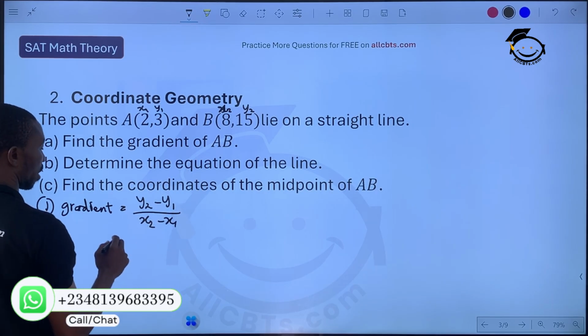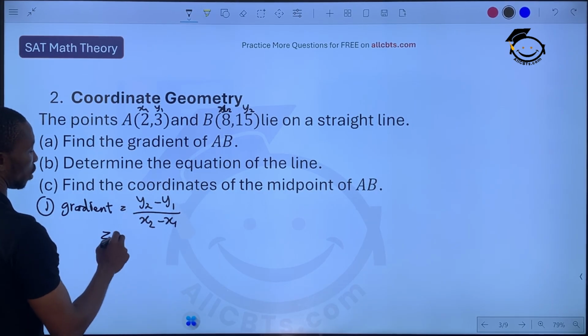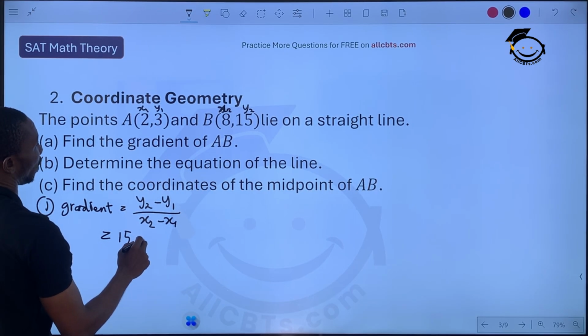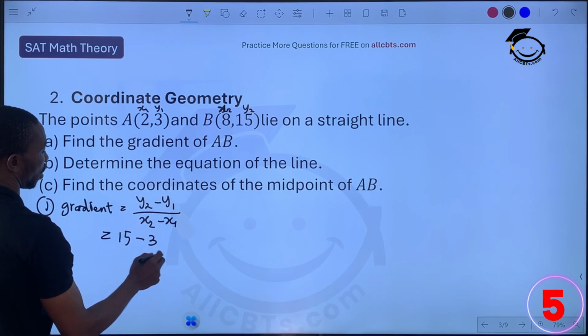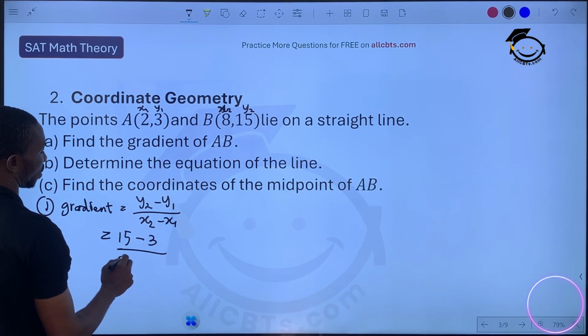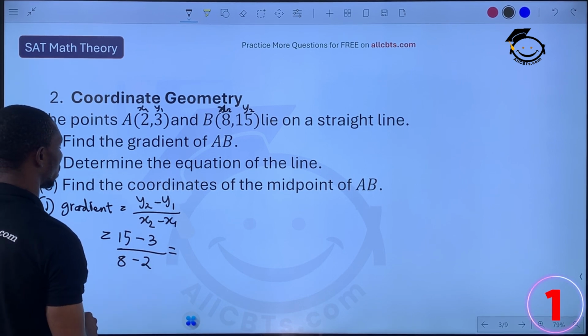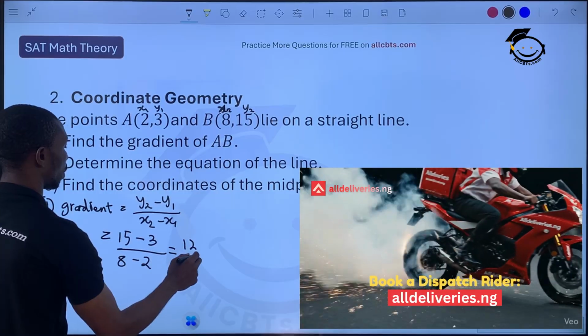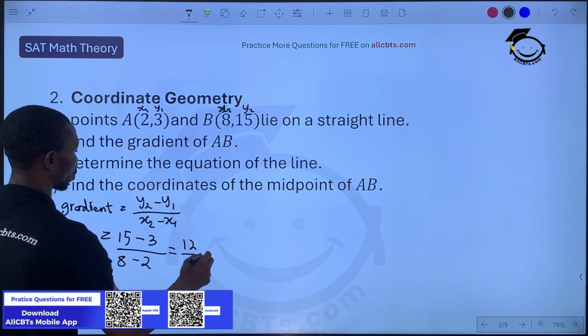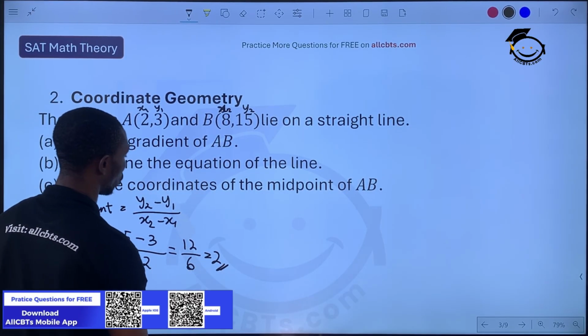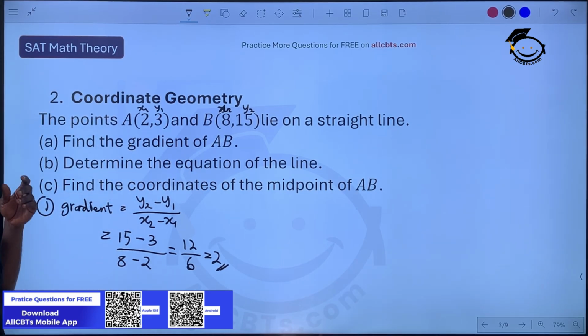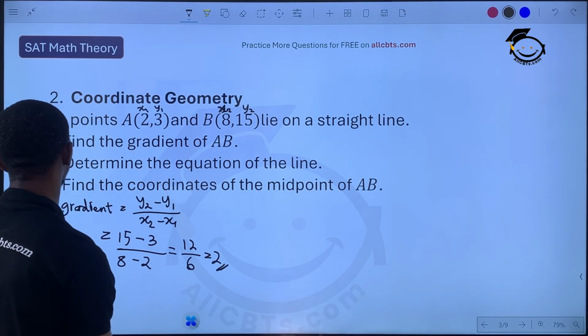So applying here, our gradient is 15 minus 3 all over 8 minus 2, which gives us 12 over 6, so our gradient would be 2. So the gradient of our line AB would be 2.